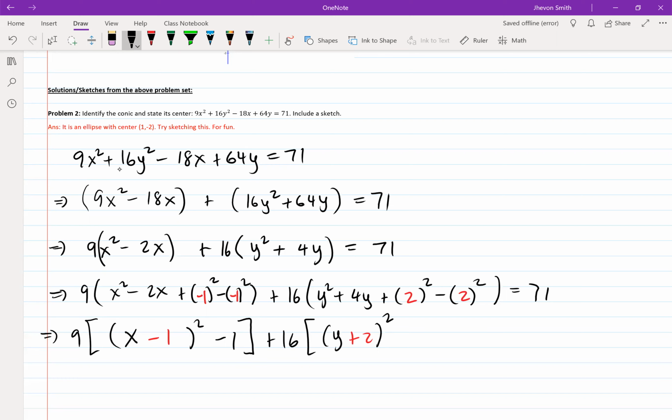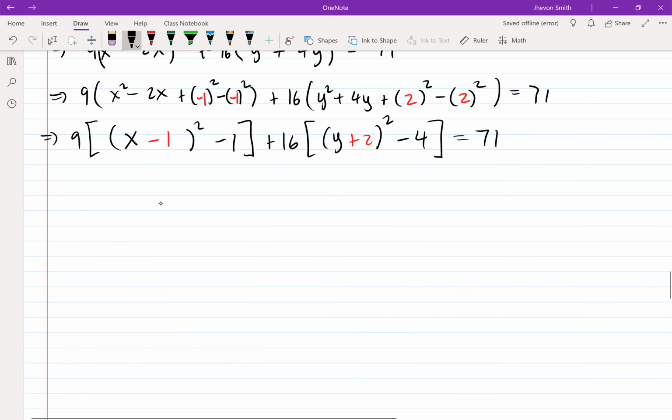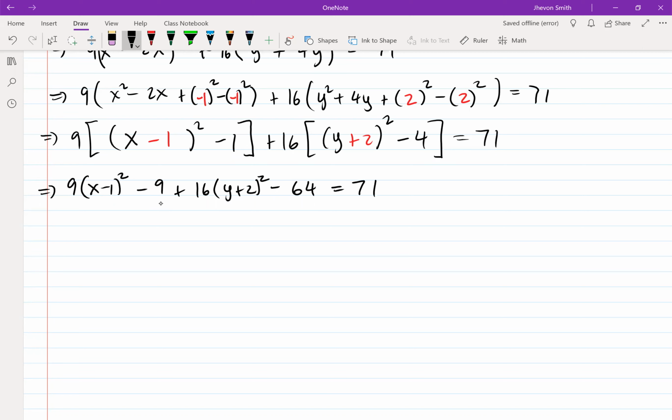Then I'm going to have this -4 hanging out. And so now what I would have is 9 times (x minus 1) squared minus 9 plus 16 times (y plus 2) squared minus 64, equals 71. Now, of course, I'm going to move the 9 and the 64 to the other side.